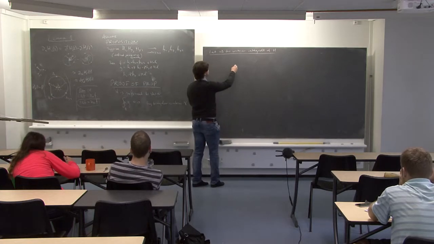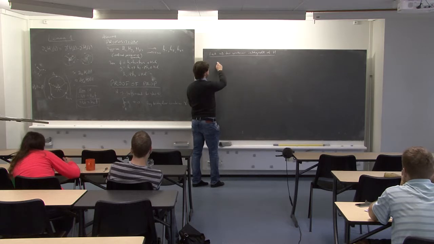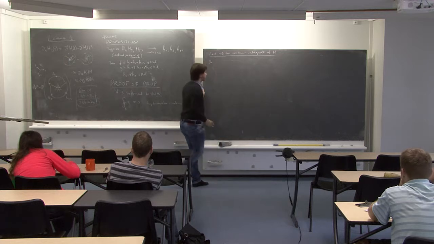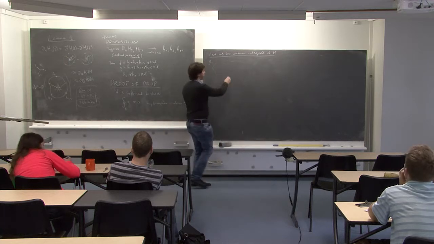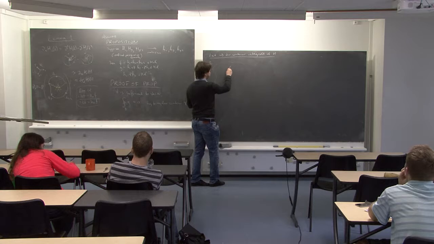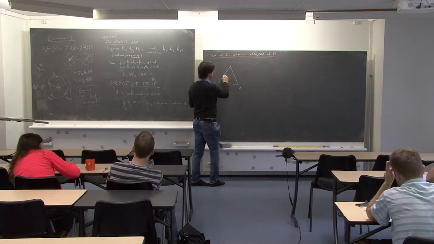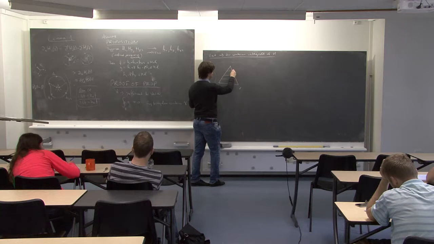So you should imagine that we have our domain omega. Instead of writing a formula, I will just draw a picture. So this is our domain omega, and this is contour gamma. This is a triangular contour of size, for example, 4 by 4.